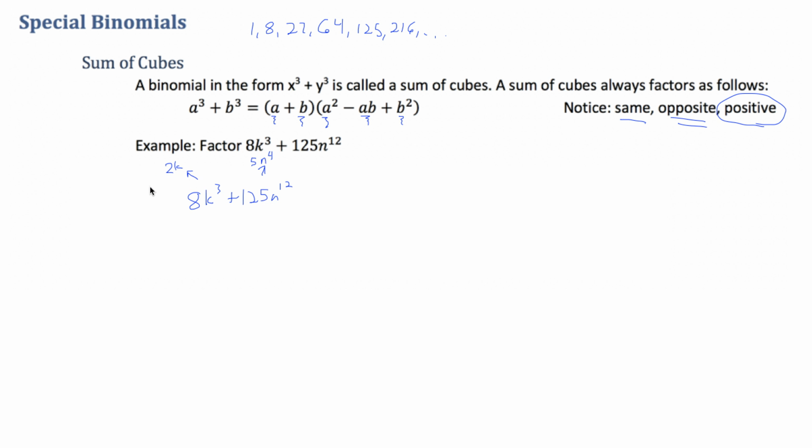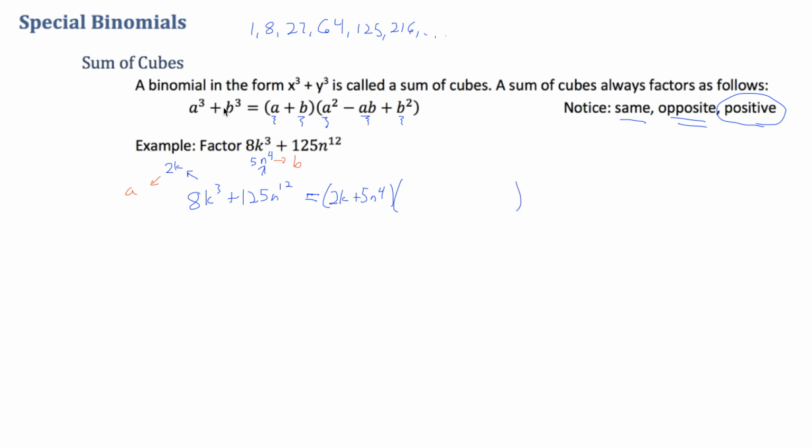So now that we know these, this is our a, and this represents b in here. We can now factor this. So this is going to equal a plus b. So a is 2k plus b, which is 5n to the 4th, times, and remember our signs are same, opposite, positive.